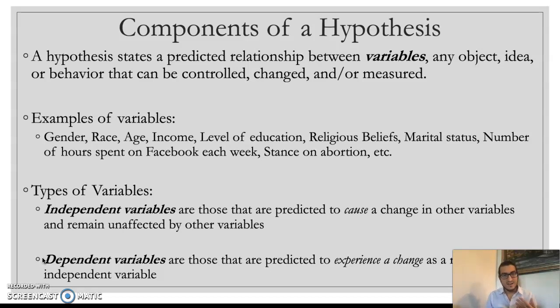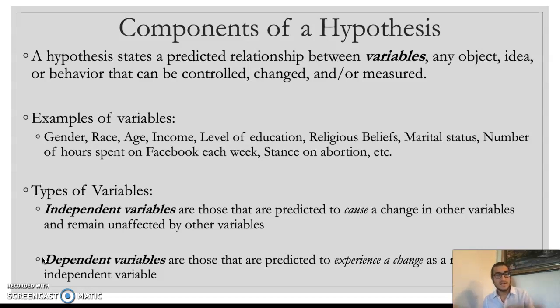Gender, race, socioeconomic status, age, those are all typically independent variables, right? We wouldn't expect a certain variable to cause someone's race to change, right? Race typically is not going to be something that changes for an individual, but someone's race might predict or might cause a change in another behavior or attitude that they have.